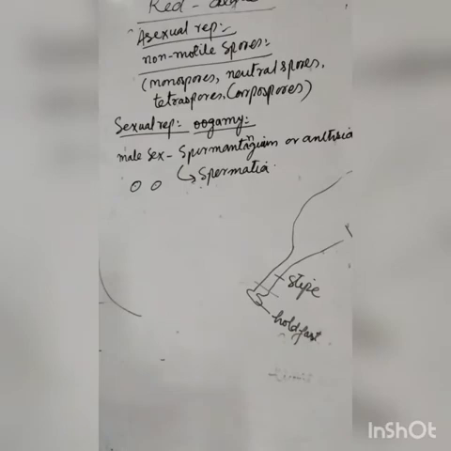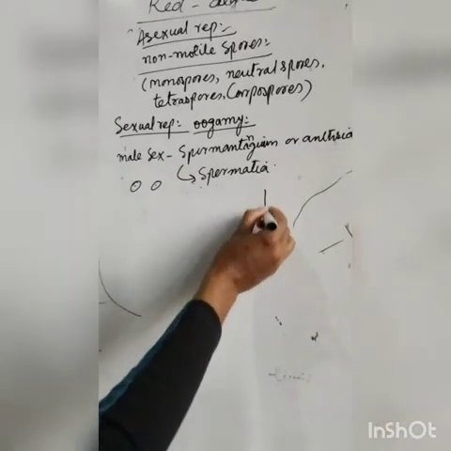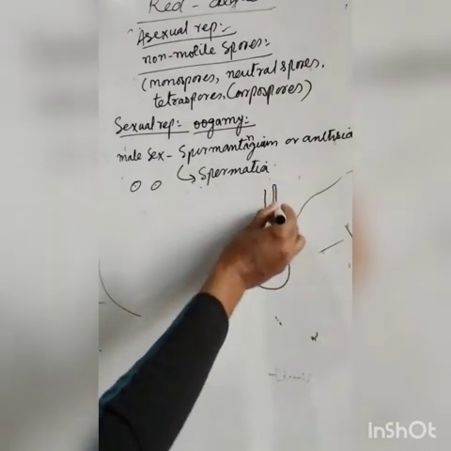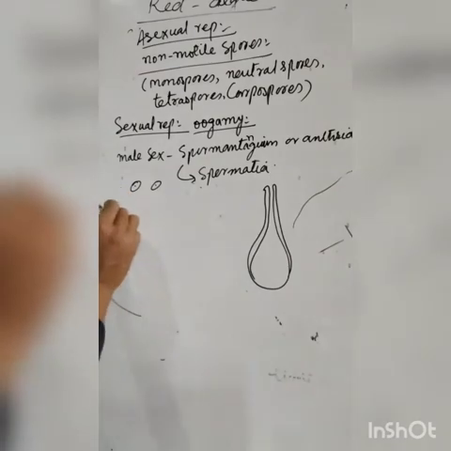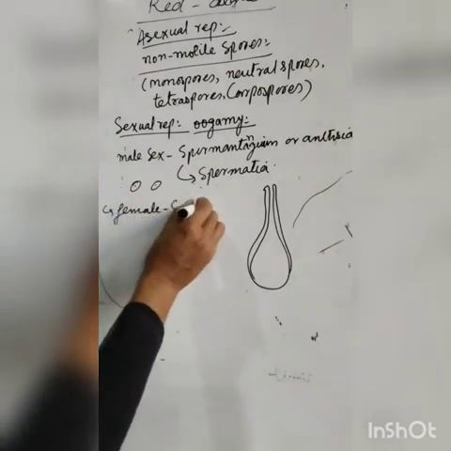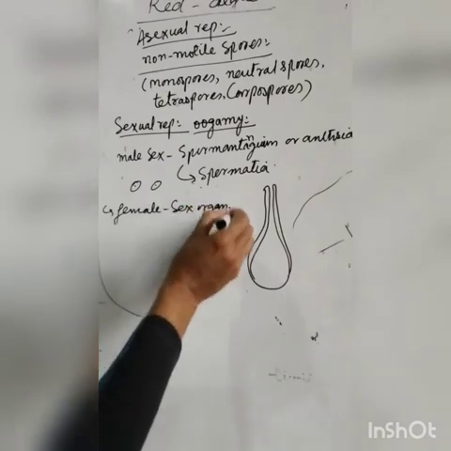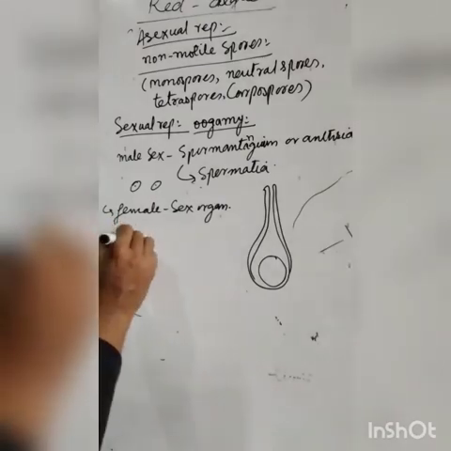The female sex organ is flask shaped, वो ऐसे होता है flask shaped. It is termed as Carpogonium.